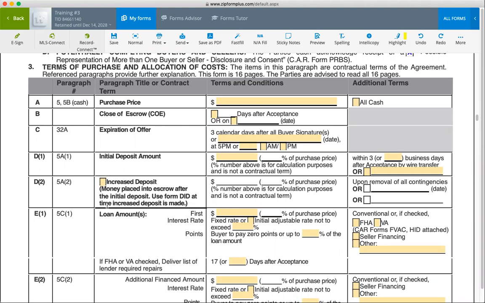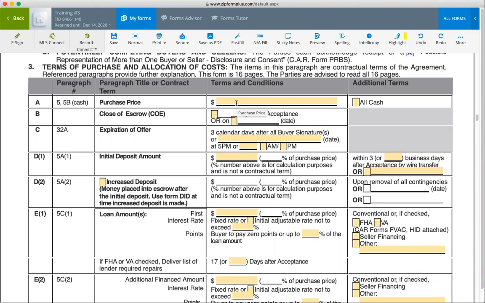So just to help you out with what amounts to put in here, it varies from transaction to transaction. The total of D1 and D2, the initial deposit and the increased deposit, for residential properties 1 to 4, which is what we're dealing with, that are going to be owner occupied, most of the time we want to have that combined number equal 3% of the purchase price.